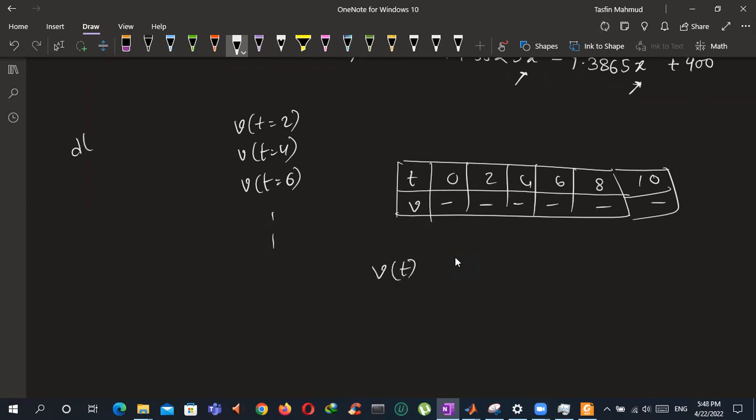In the first place we got d(t), the distance with time, the function of distance with respect to time. Then you have to determine the function of velocity with respect to time. Some coefficient t to the power 4, some coefficient t to the power 3, some coefficient t square.